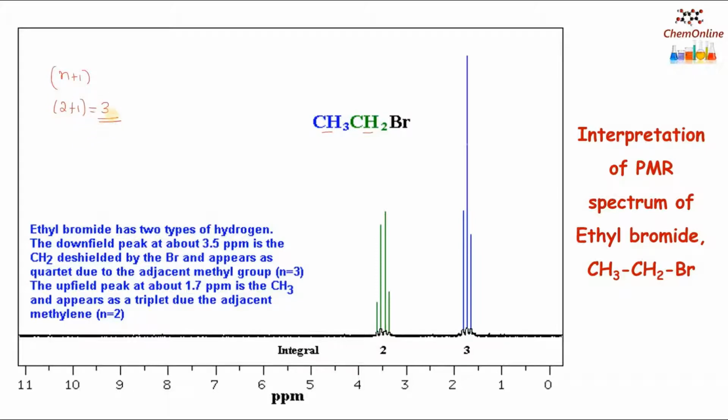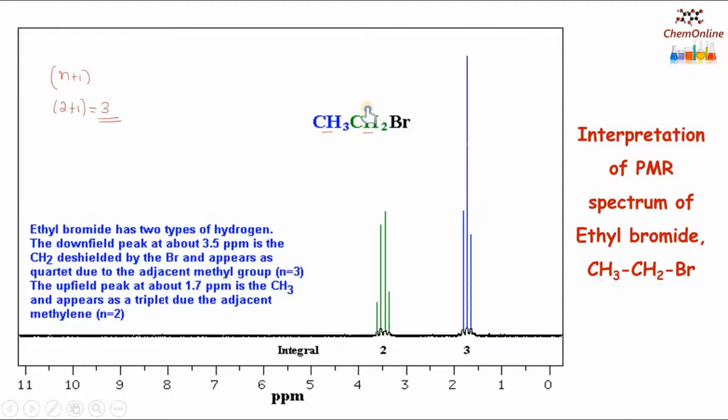So 3 lines in the peak due to CH3 protons. That is indicated in blue here. You can see 3 blue lines. It's an upfield peak, about 1.7 ppm, due to CH3 protons. And this is appearing as a triplet due to its coupling with the CH2 protons.